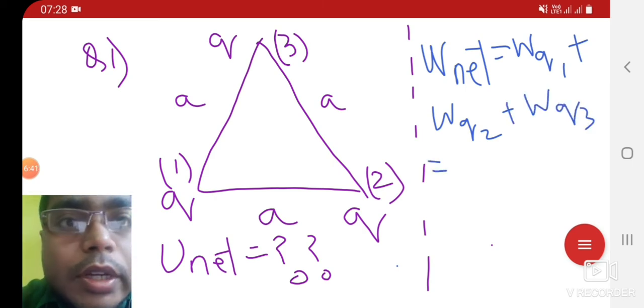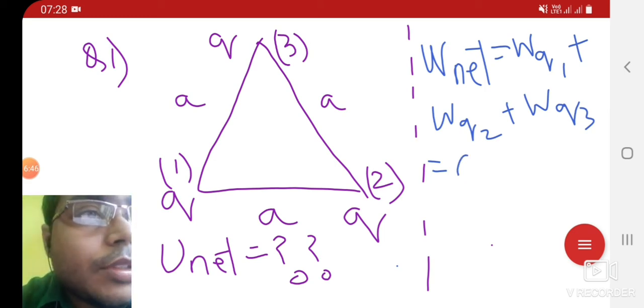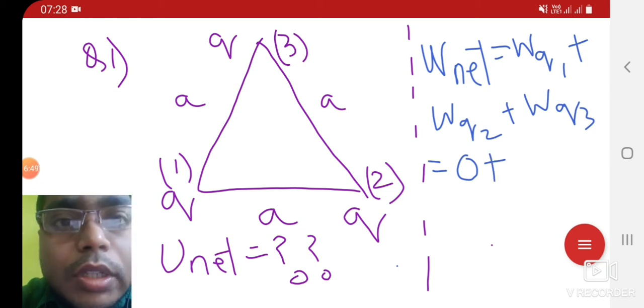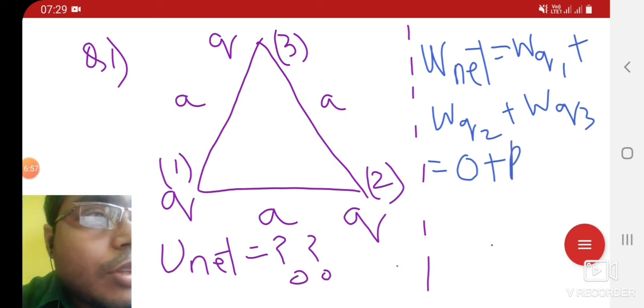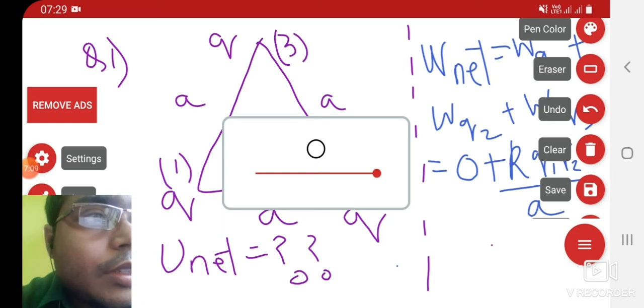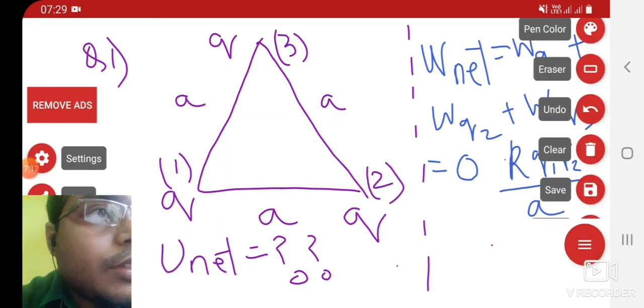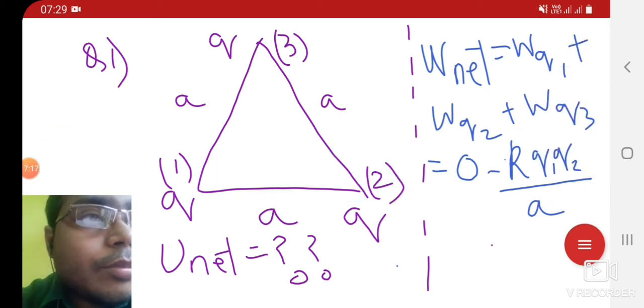When we bring the charge q at position 1, there were no other charges, so the work done is 0. Now when we bring the charge q at position 2, there was already one charge present at point 1, so the work done will be given by k q1 q2 divided by the distance A, with a negative sign, because work done has to be negative, while the potential energy will be positive.